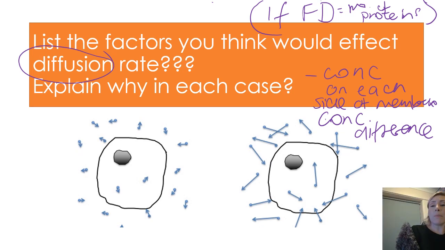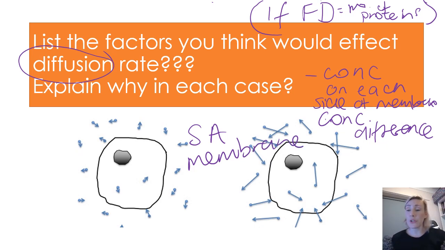Okay, what about the surface area of the membrane? Whether this is simple diffusion via the phospholipid bilayer, or facilitated diffusion by proteins, the bigger the surface area of the membrane, the more protein carriers, more protein channels, and the more space between phospholipids there would be. So the greater the membrane surface area in both cases, the faster the rate of diffusion.